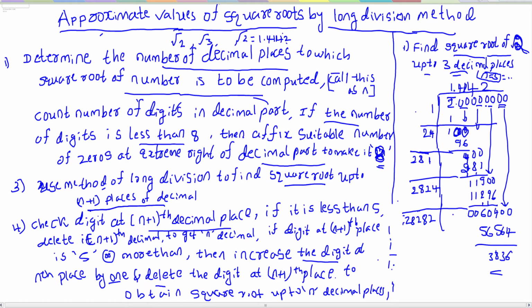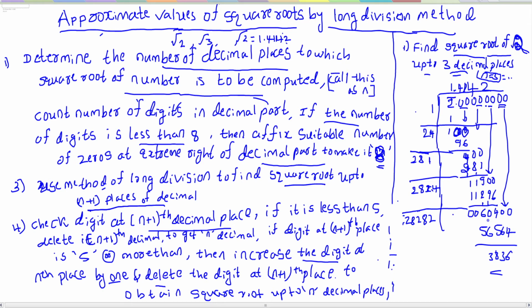This 141, you double it. You don't consider the point here. As long as the integral part is exhausted, you have to put the decimal point. Keep that in mind. 141 doubled becomes 282. 2800. If we fix the 4 with this digit, which is the next digit, 2824 into 4 becomes 11296.